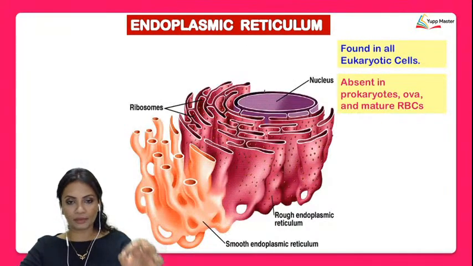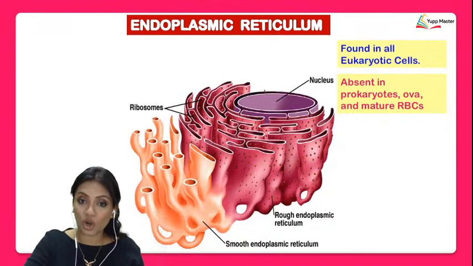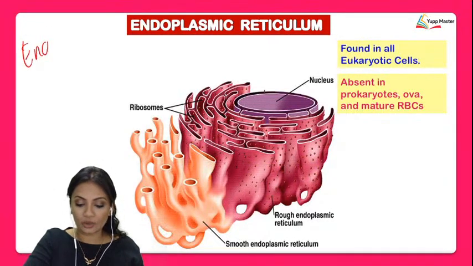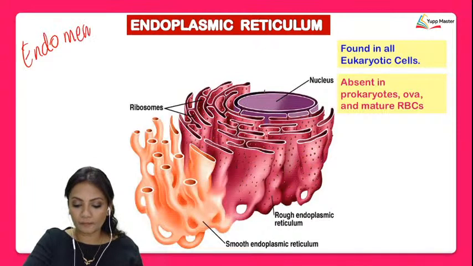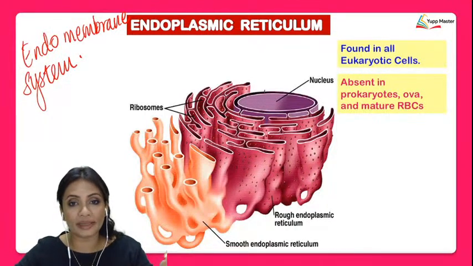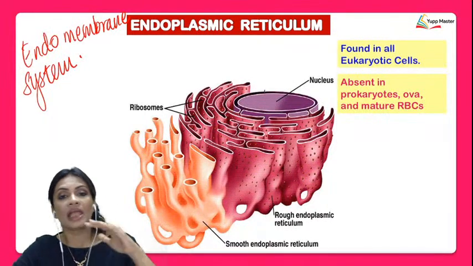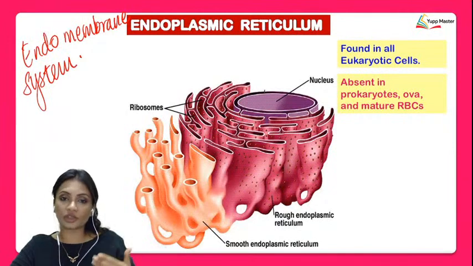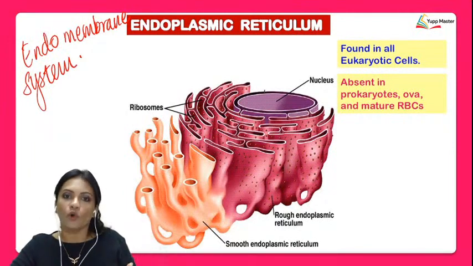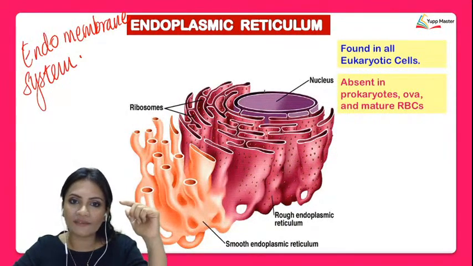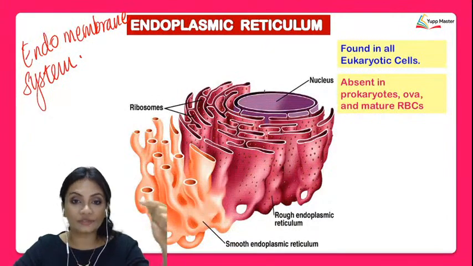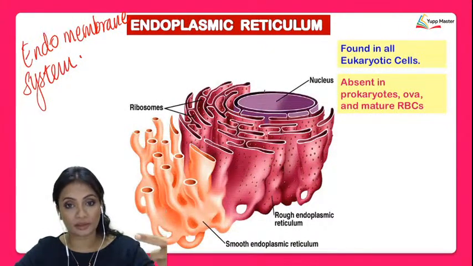And remember, there is something called an endomembrane system. What is this all about? It is the list of structures which start at the level of the nuclear membrane. After the nuclear membrane comes the endoplasmic reticulum.